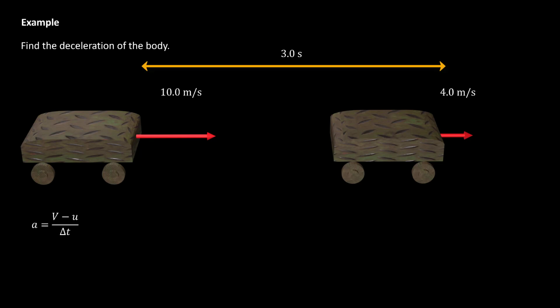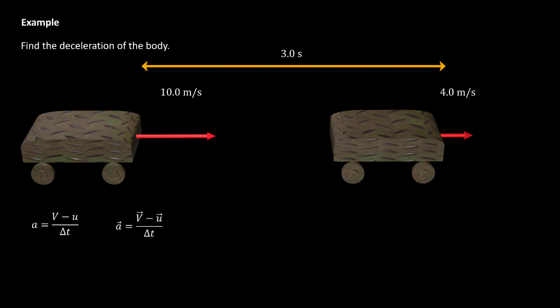To address this issue, let me show you how the equation is written originally. It is written like this: a equals v minus u divided by delta t, with arrows on top.